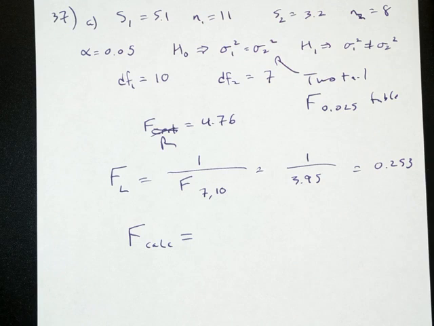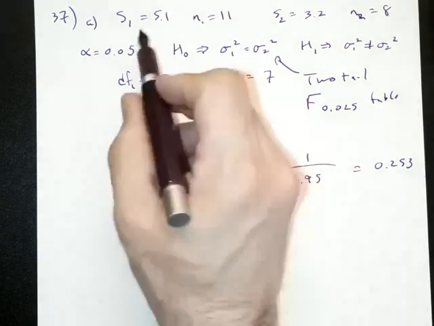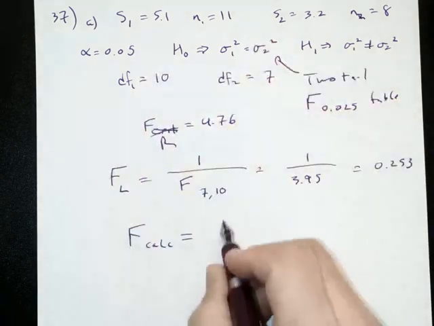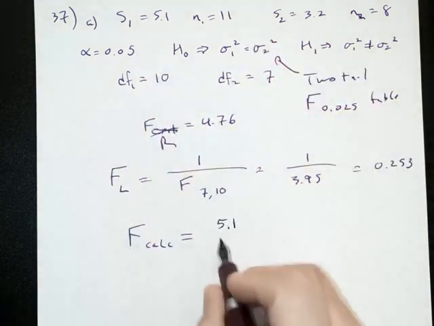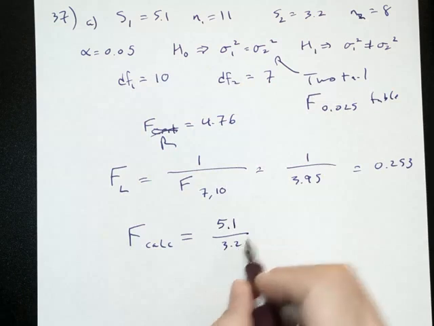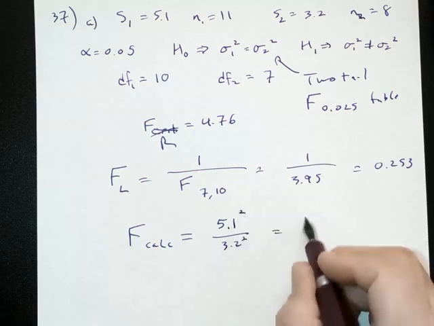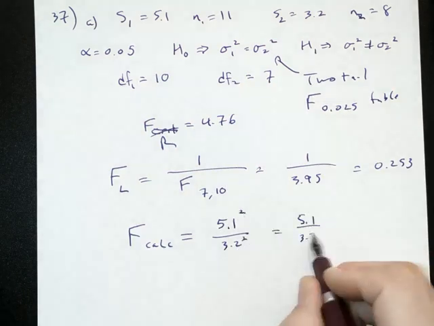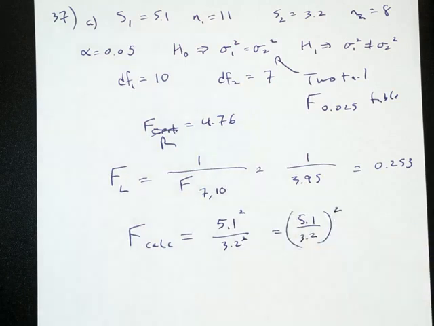S1, S2. Square there, or just do 5.1 over 3.2 and then square the whole thing. What do you get?